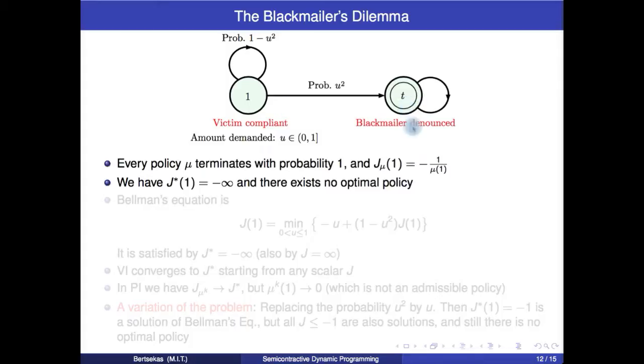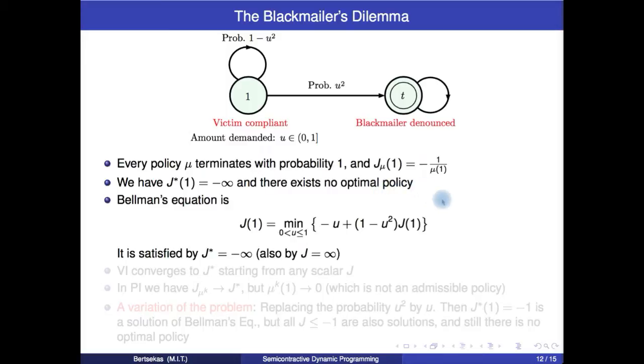All policies terminate and have this regularity property that we have discussed, and yet we have this phenomenon that there is no optimal policy. Moreover, if you write Bellman's equation, it takes this form. This equation has no solution in the set of real numbers. It is satisfied by the optimal cost, which is minus infinity, but it's not satisfied by any other number that is real.